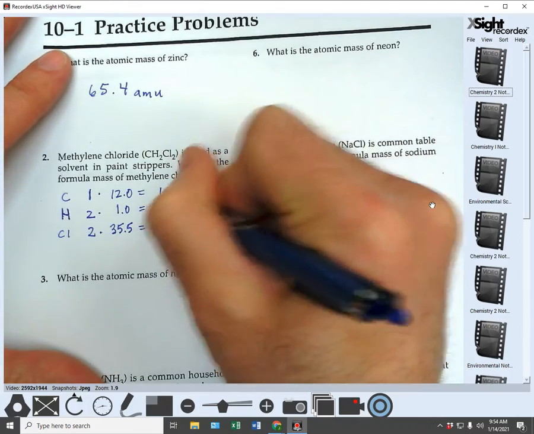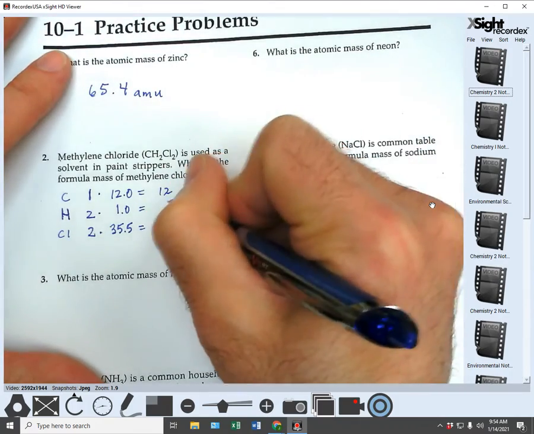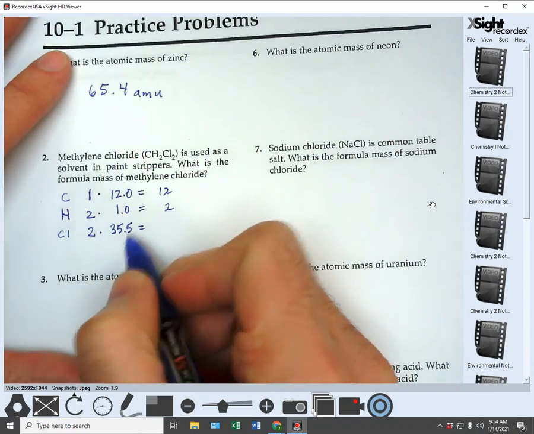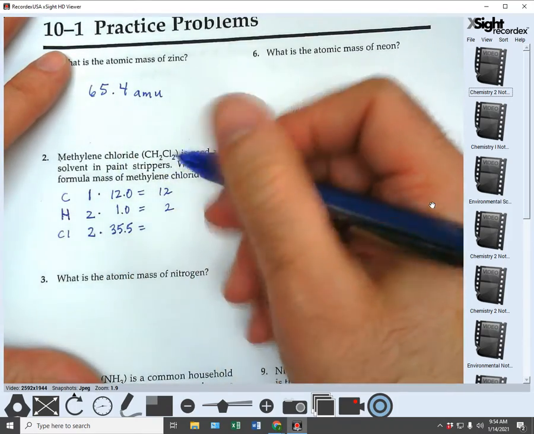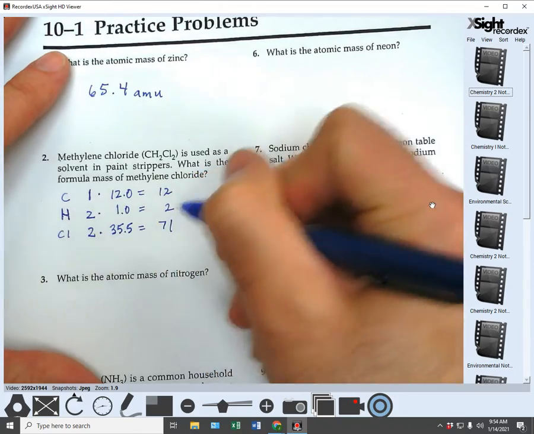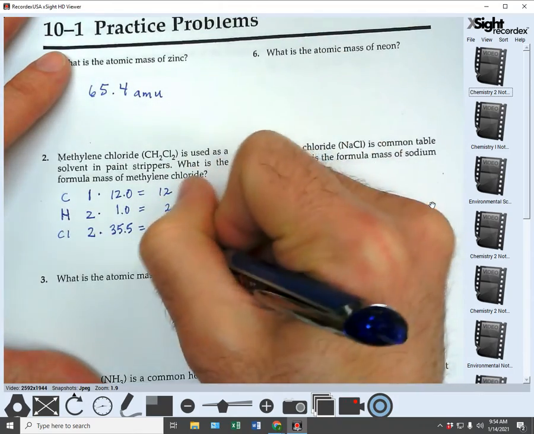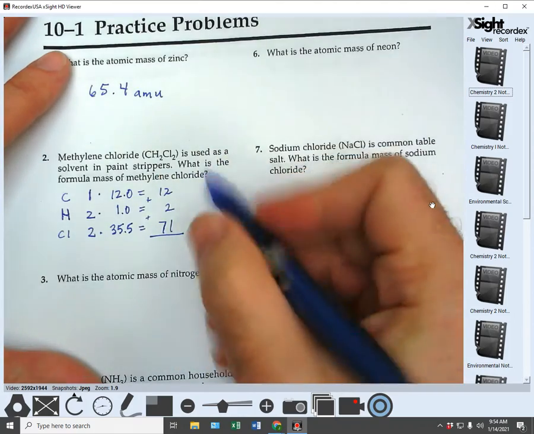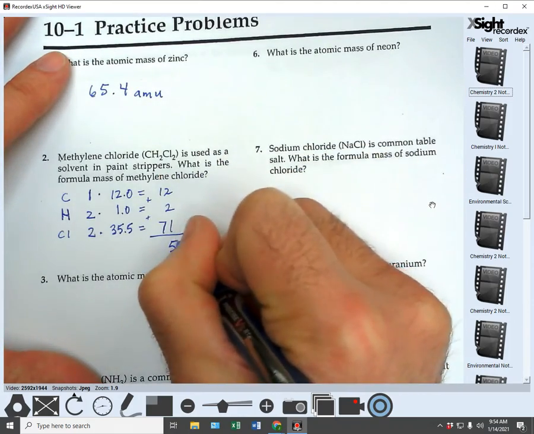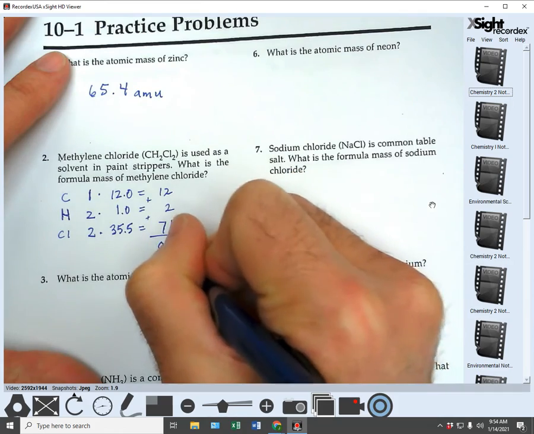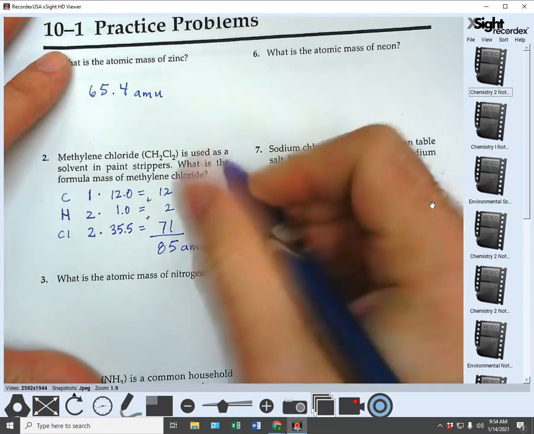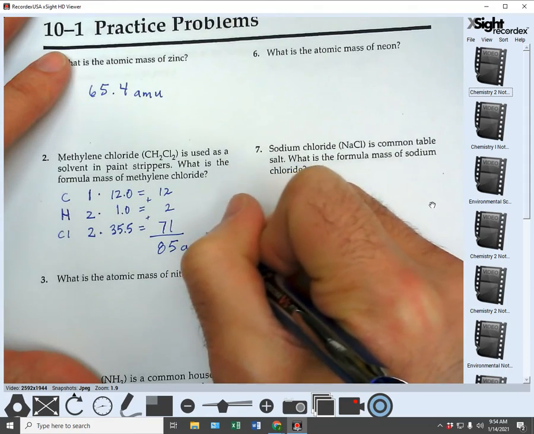So we've got 12, we've got 2 times 1 is 2, and we've got 2 times 35.5, which is going to be 71. Okay, then we add them all down. So we end up with 85, and our label, AMUs. That's the answer.